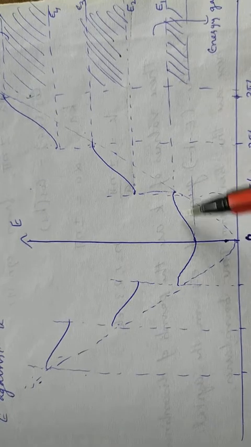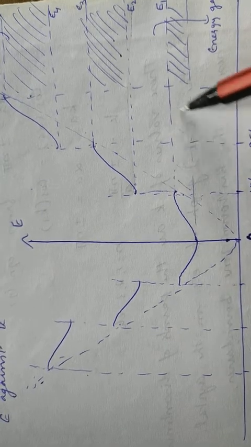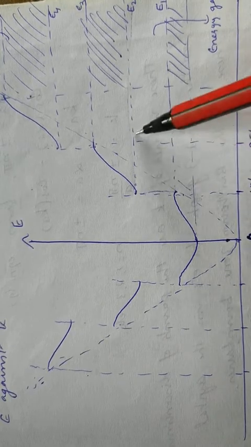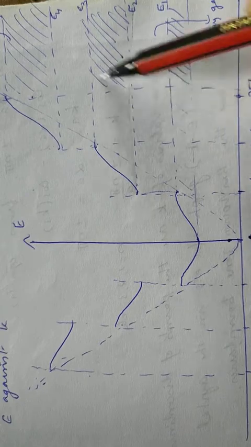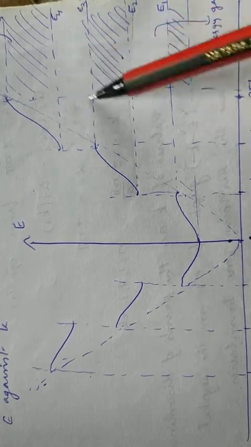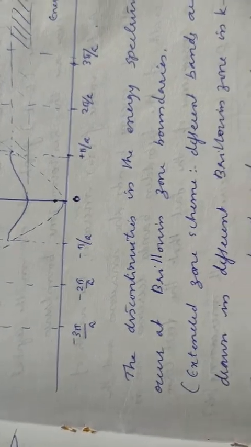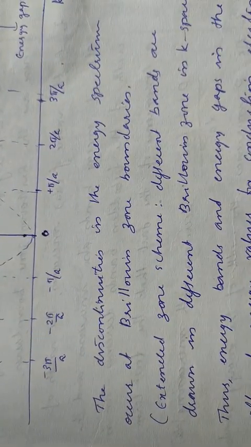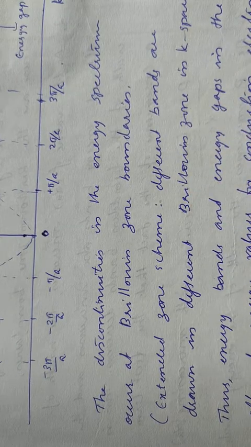This region represents the allowed energy levels. This represents a forbidden region, and again these energy levels are allowed, these are forbidden, etc. So the discontinuities in the energy spectrum occur at Brillouin zone boundaries.